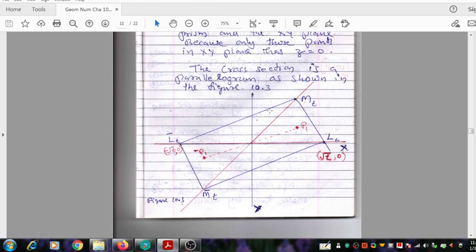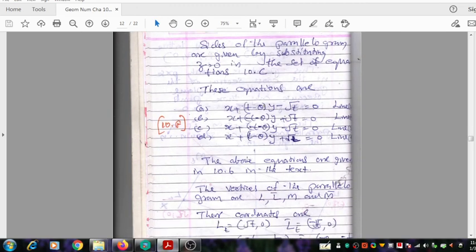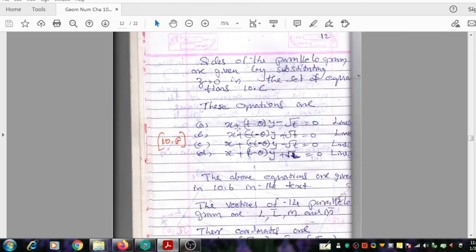Take one of these lines and solve it with the other two lines, excluding the parallel line. Which line can be parallel? Here we have x plus (t minus theta) into y. These two are parallel lines because the difference is only in minus root t and plus root t.